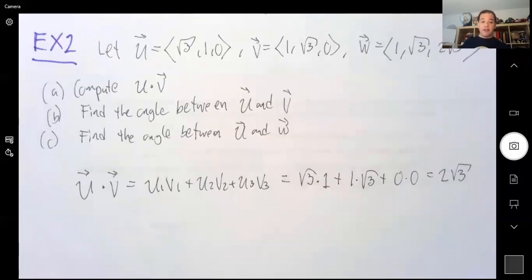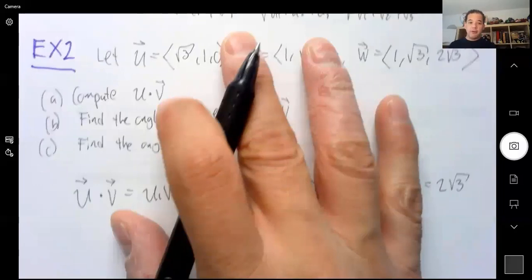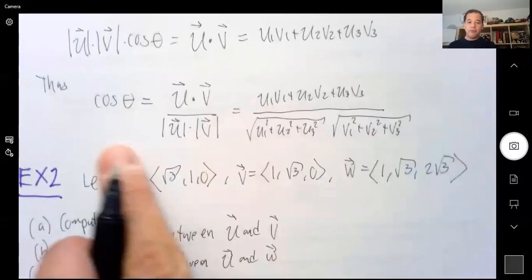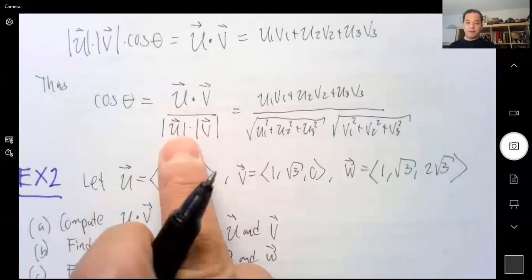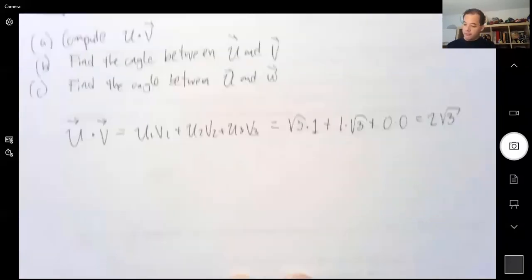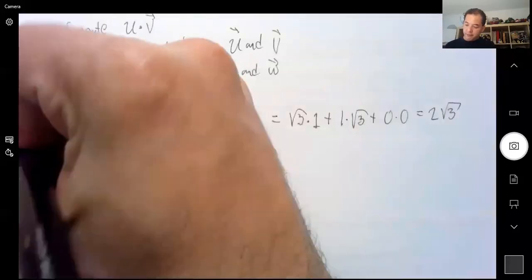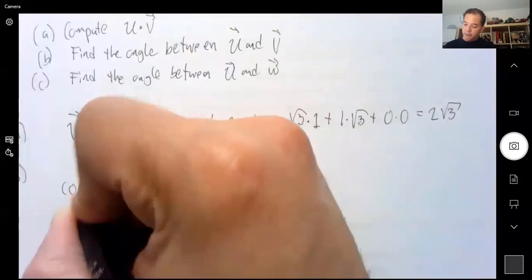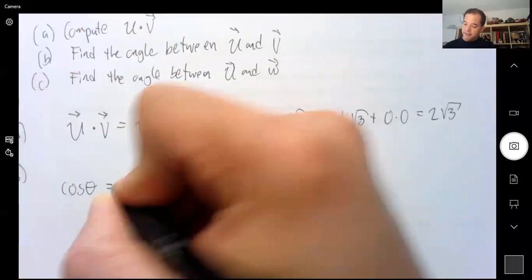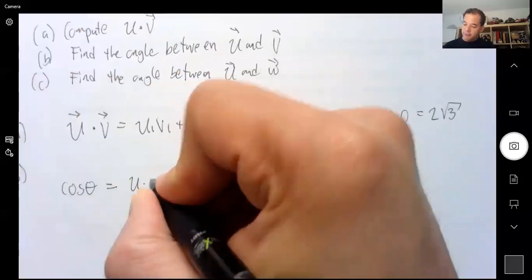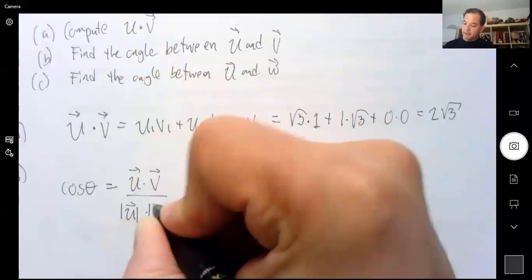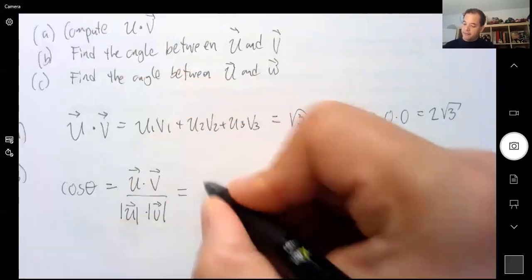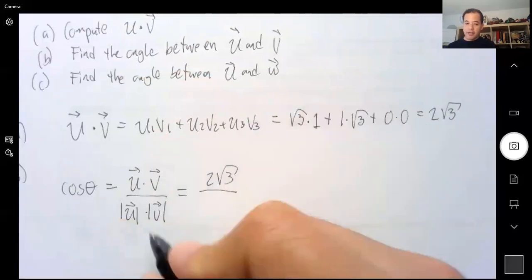Now, let's calculate the angle. How can we get the angle? Well, to get the angle, we remember that the cosine is the dot product divided by the product of the magnitudes. So, this is part A. For part B, we remember that the cosine is the dot product divided by the product of the magnitudes. We already calculated this, and we just need to now calculate the magnitudes.